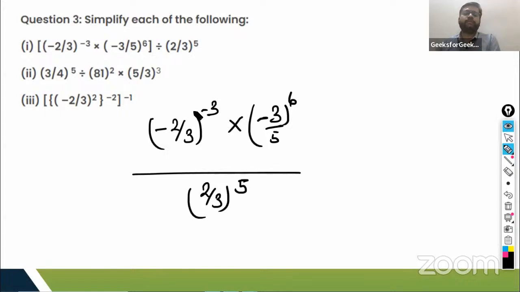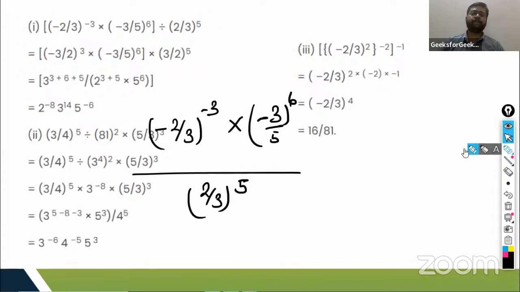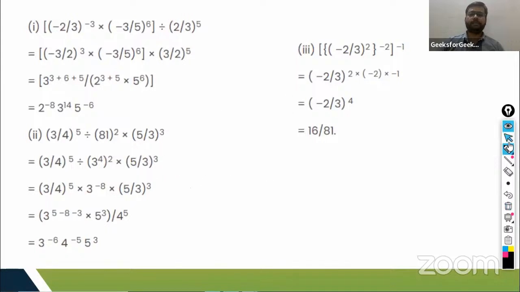Okay, if you are taking this one, -3, that will come in the denominator, and the whole thing will be in the format of a multiplication. So 3/2, that is coming as this.